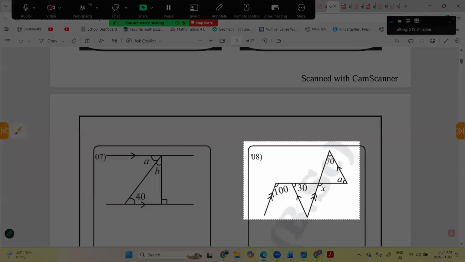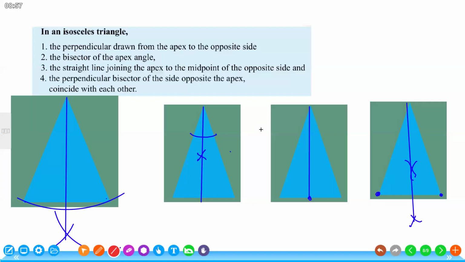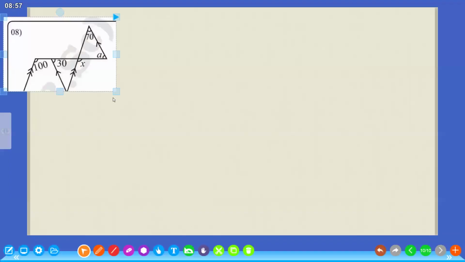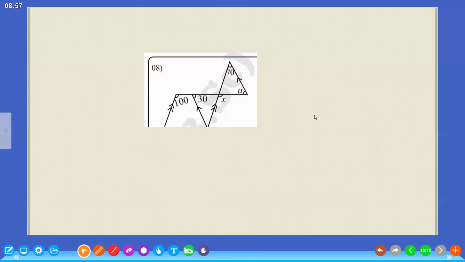Friends, all of you send your answer. I can put this paper in the group, students, so no problem. So you just answer this question. Okay, if you know the answer, send your answer in the chat box. We need the answer for x and y.